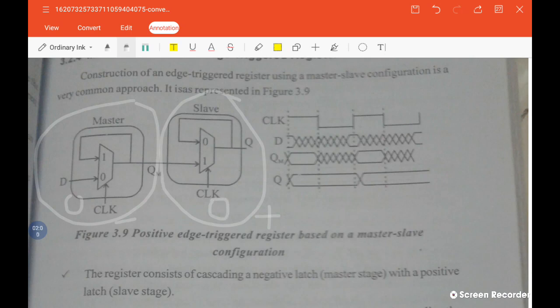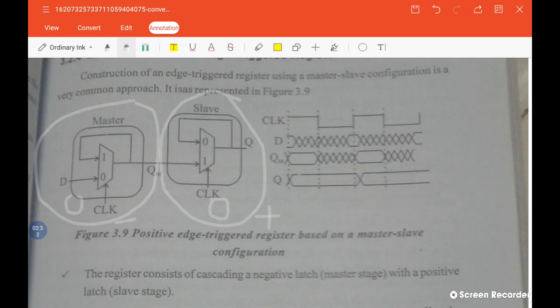When the clock is low, the master stage will come to transparent mode. How? Because this is a negative latch, correct? In a negative latch, we know that the latch will sample when it is given a low clock signal. That means when the clock signal is low, the master latch, that is a negative latch, starts sampling the data at the input side.